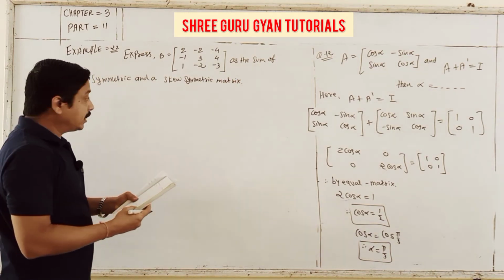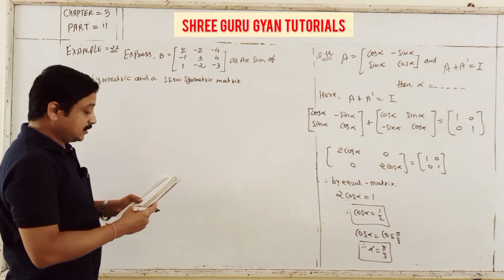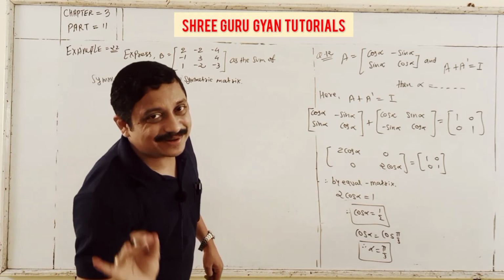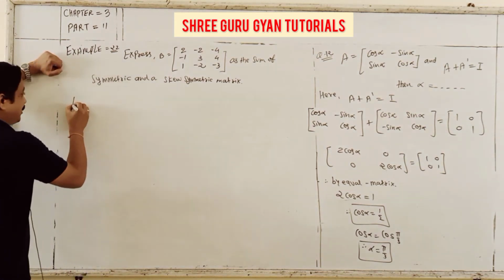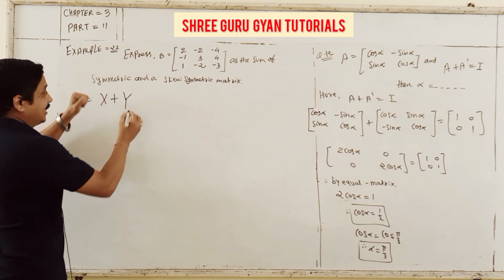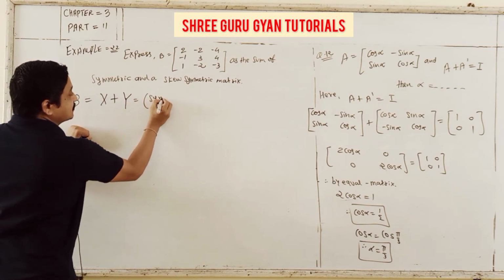Again I repeat, 2 minus 2 minus 4, minus 1 3 4, and 1 minus 2 minus 3. So as a sum of the symmetric and skew symmetric, you will write down B matrix is X plus Y. X is a symmetric matrix.